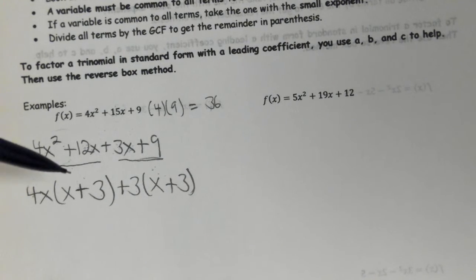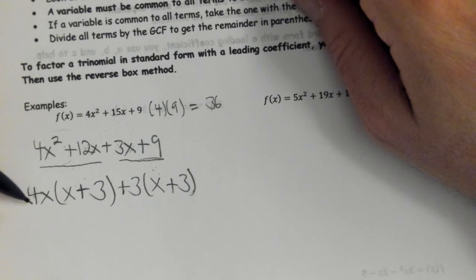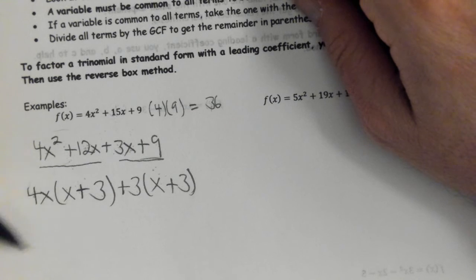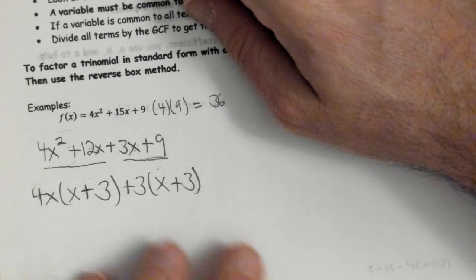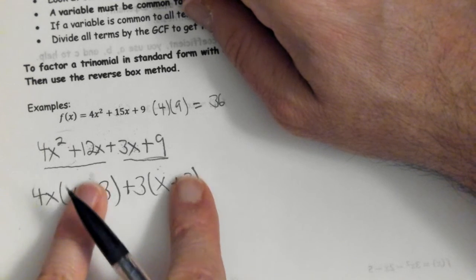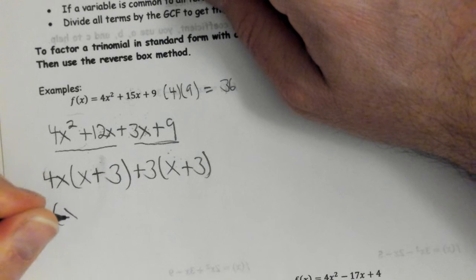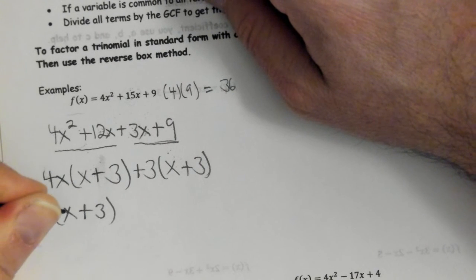In other words, think of the parentheses as a y, like 4xy plus 3y. I could pull a y out of both of these and write the expression like this. So I'm going to pull an x plus 3 out of both of these terms.